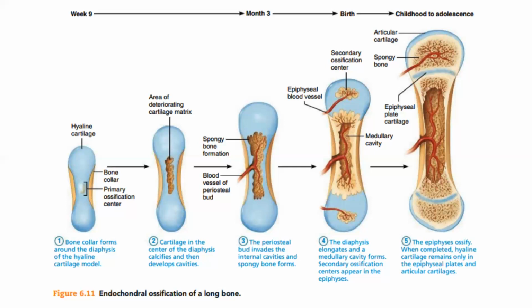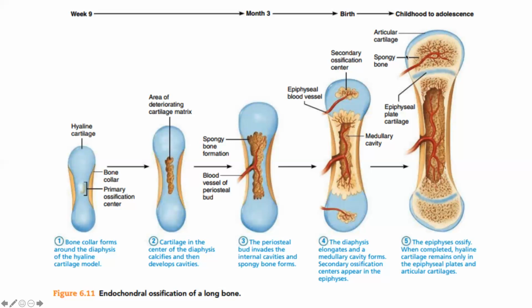So now we have secondary ossification centers in the proximal region and secondary ossification centers in the distal region of the bone. And they will be invaded by blood vessels as usual, and these will gradually change into bone.